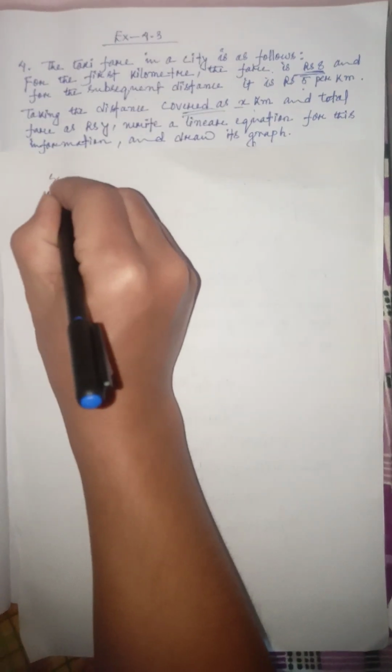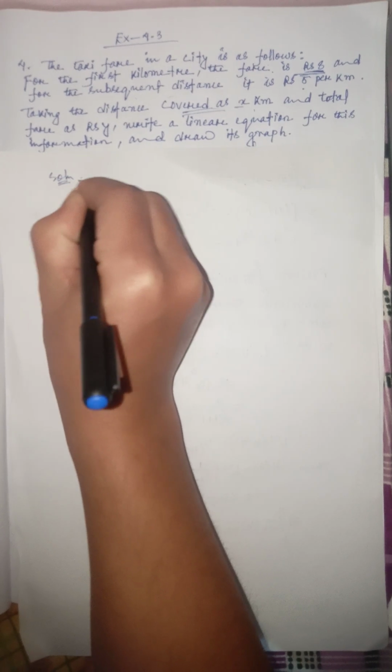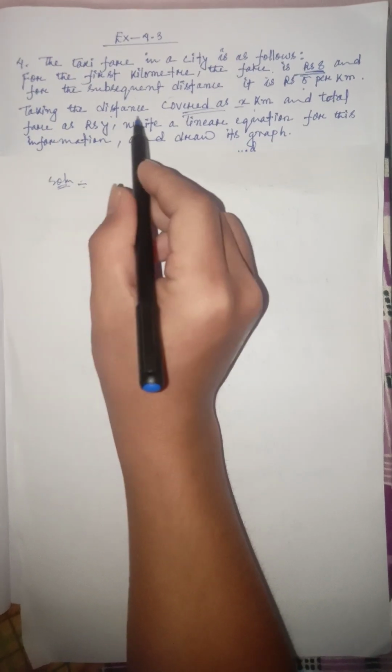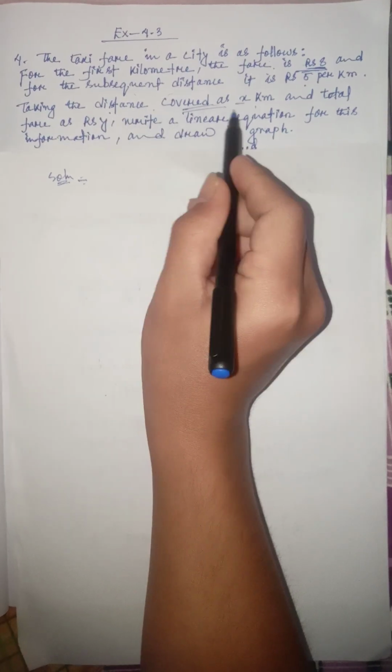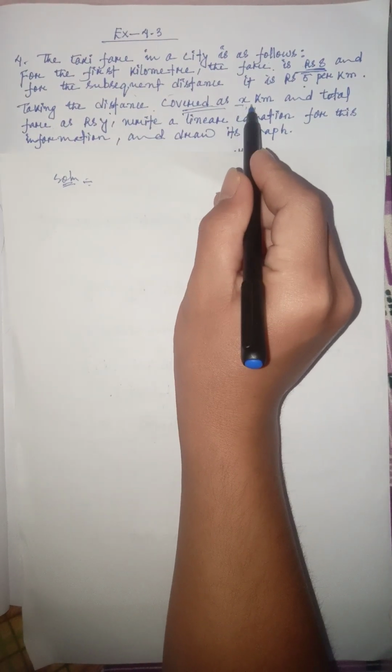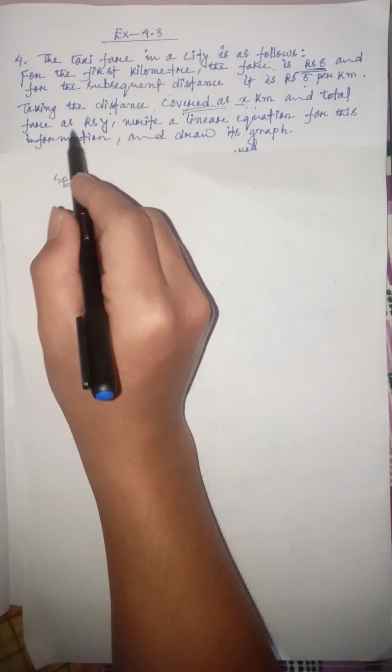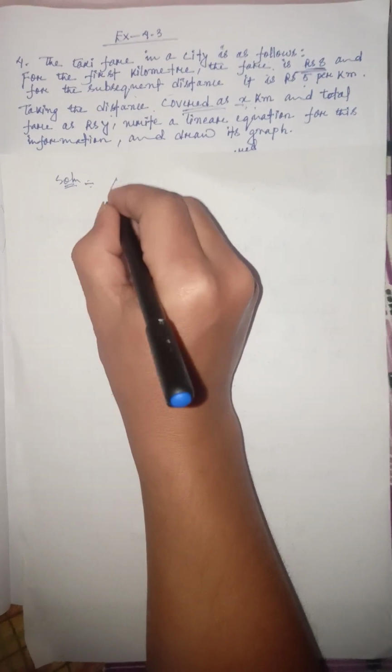First of all, let me write the solution. As we can see from the question itself, we have to take the distance covered as x kilometer and the total fare as rupees y, right?